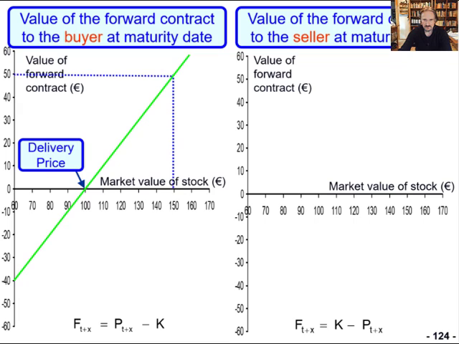Because the buyer can buy the underlying asset with the help of the forward contract at the delivery price of 100 euro, but can sell it at the stock market at a price of 150 euro, this means that he is able to make a profit of 50 euro if he owns the forward contract. So the market value of the forward contract is equal to this profit, 50 euro.